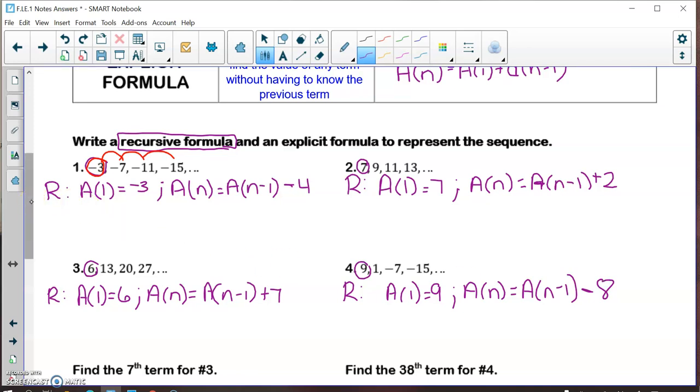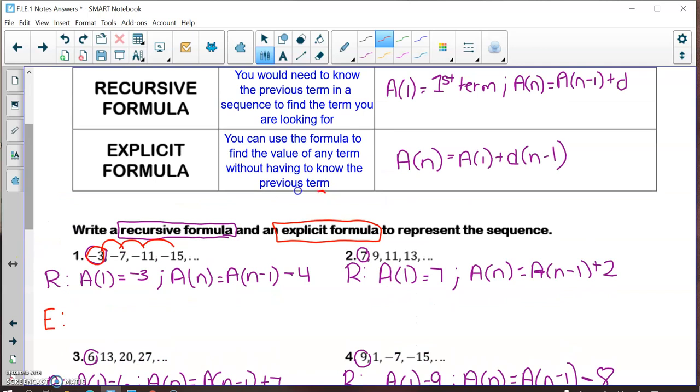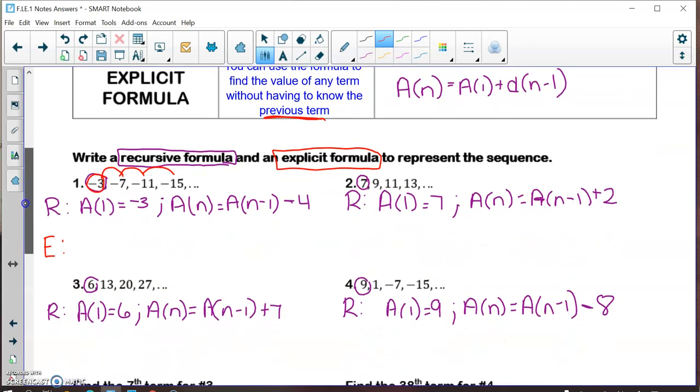That's the same pattern you will use to write the recursive formula if I asked you for an arithmetic sequence. Now we're going to do the explicit formula. The explicit formula is the one that we will use most often, because you do not need to know the previous term of your sequence to find a term in your sequence like you do for the recursive formula.